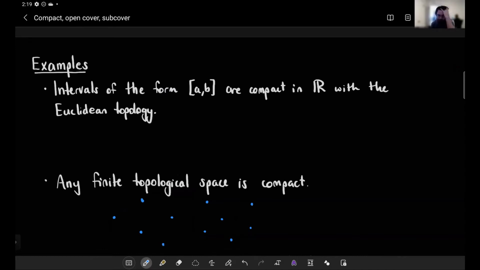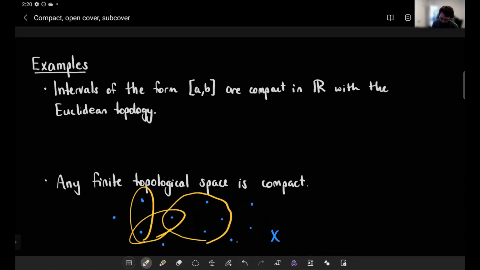If I call this a topological space, it doesn't matter what the topology is, X is automatically going to be compact. It's going to be compact because whatever open cover you take is going to be finite to begin with. Otherwise, you're going to be repeating stuff. How many different open sets can you pick here? Maybe I pick these and this, and maybe that singleton's open, and those are open. But there's only a finite number of options you have for open sets in X. Just think about the power set of X.